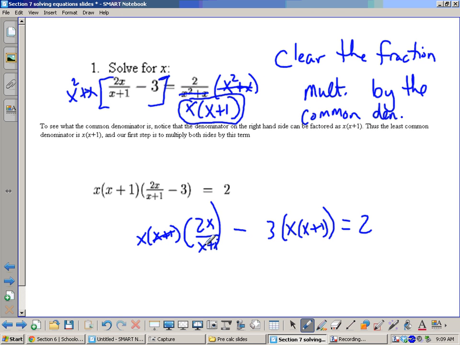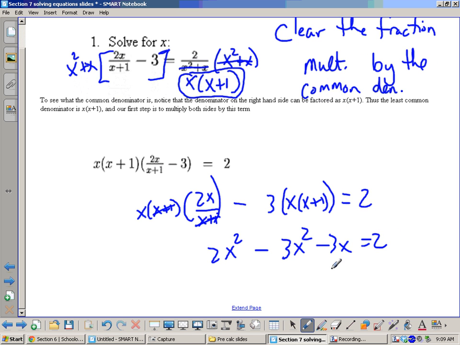Now I can just work on that canceling, and we get 2x squared minus, we can distribute both the 3 and the x, so we'll get 3x squared minus, don't forget we're distributing a minus here, minus 3x equals 2. So now it's just a matter of seeing if we can simplify and factor this to get something that can be factored.